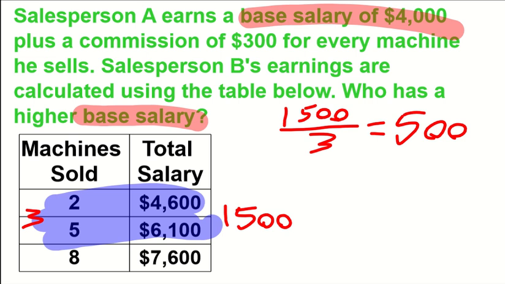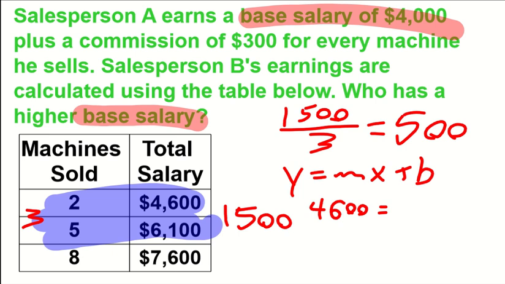But as for the base salary, we have y equals mx plus b. So 4,600 equals 2 times 500 plus b. 2 times 500 is 1,000. We subtract that from the 4,600. That's 3,600, which obviously is lower than 4,000.